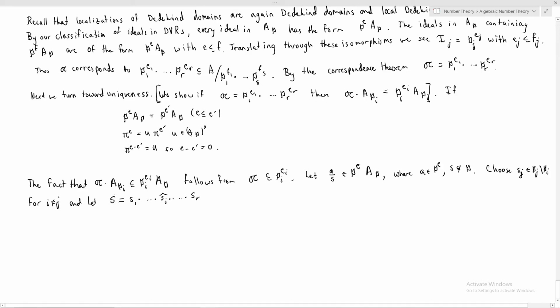Notice that this big capital S is not in P since P is prime, and each of these Sj's are not in Pi.